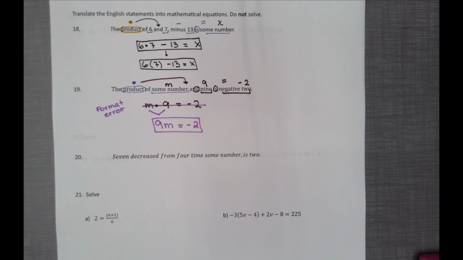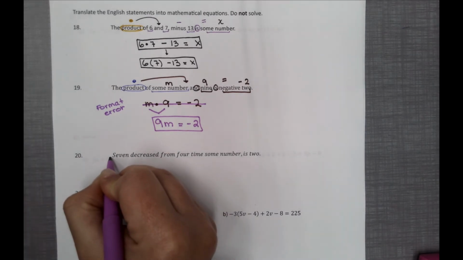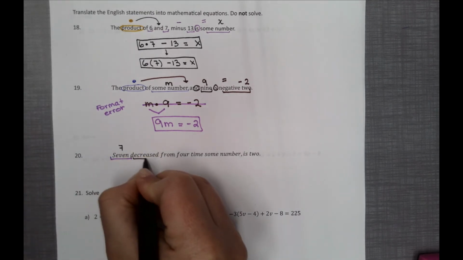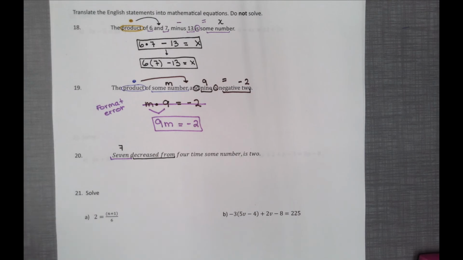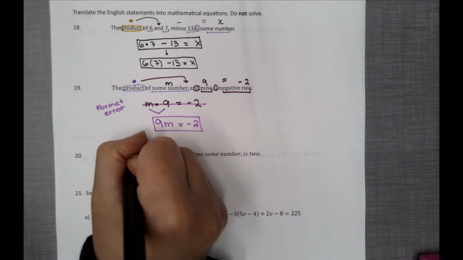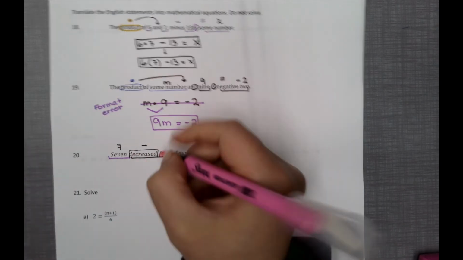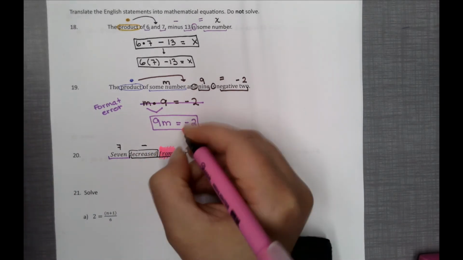Next, moving on, we have 7. We know what 7 is. Decreased from. Oh boy. Okay. Decreased we can translate as minus. From. Be careful.